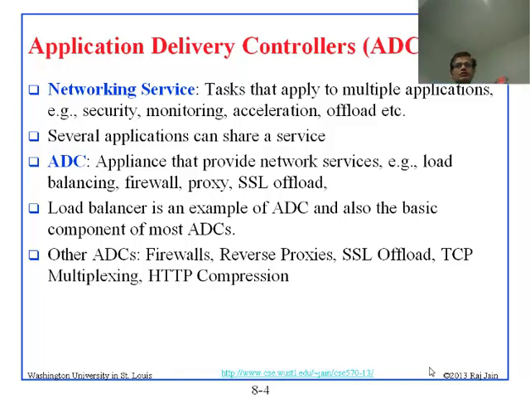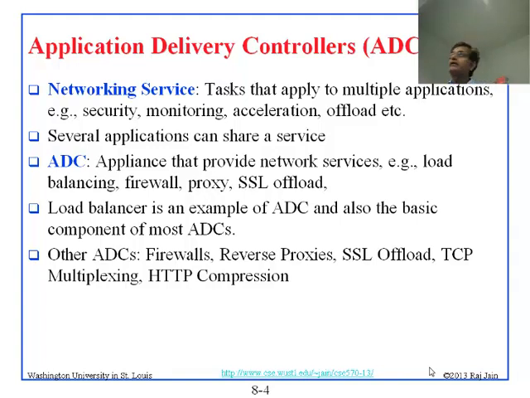All right. So we call it a network service, a task that applies to multiple applications, such as security, monitoring, acceleration, offload. These things may not be application specific. A web server can use it, a file server can use it. For example, login. Many servers can use it. And so intrusion detection and so on and so forth.